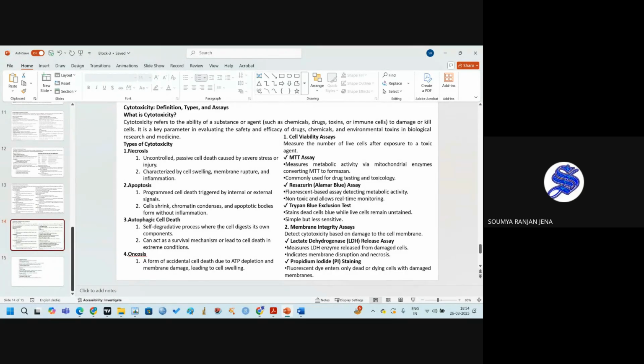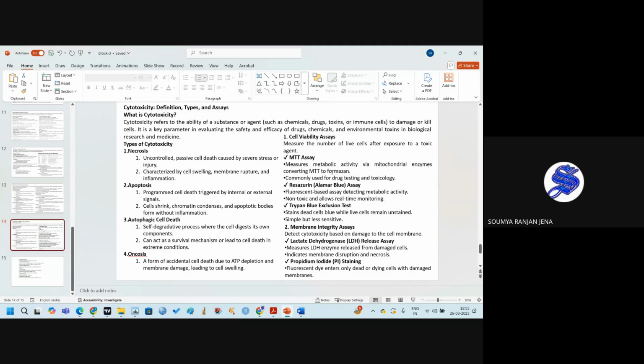How do we study these cytotoxic conditions? If we treat the cells with a drug, we see which type of cell death occurs, either necrotic, apoptotic, or autophagic cell death. Then we study it by different assays. One is the MTT assay, which measures metabolic activity via mitochondrial enzyme conversion.